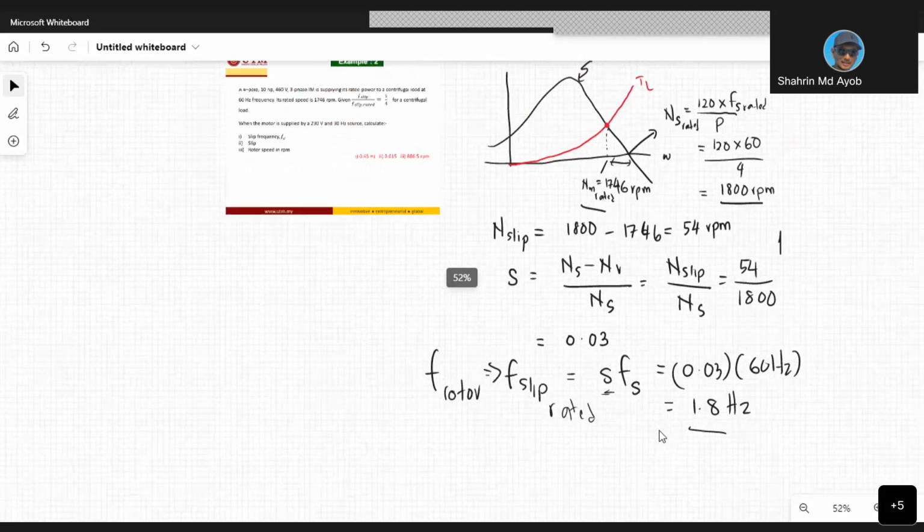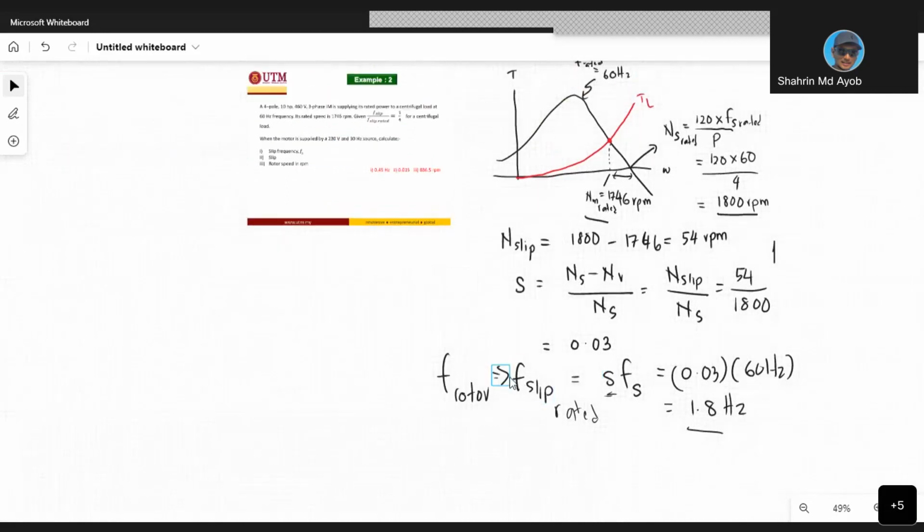This is all rated because this slip is actually frequency slip rated, 1.8 Hertz. Faham? Okay, yang ni kerana kita punya voltage supply 460, frequency supply is 60 Hertz, the speed is 1746. So from that, we obtain the slip rated, which is 1.8 Hertz.